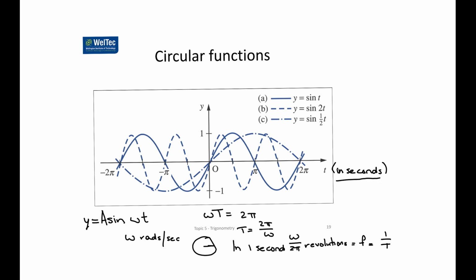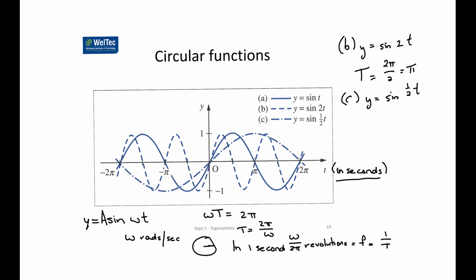So let's have a look at B. y equals sine 2t. The time period for that is going to be 2 pi over 2, which is pi radians, so it goes around once in pi radians, and you can see in the diagram, it does. If you look at C, y equals sine a half t.